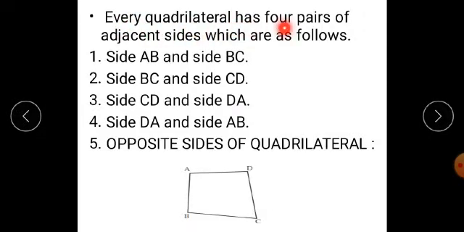Every quadrilateral has four pairs of adjacent sides, which are as follows.